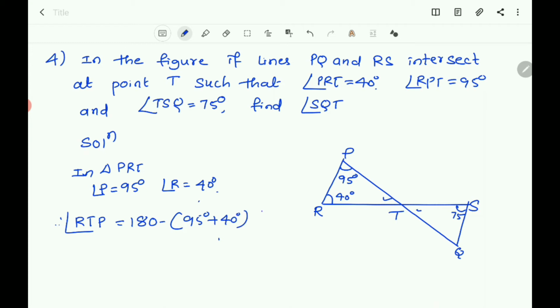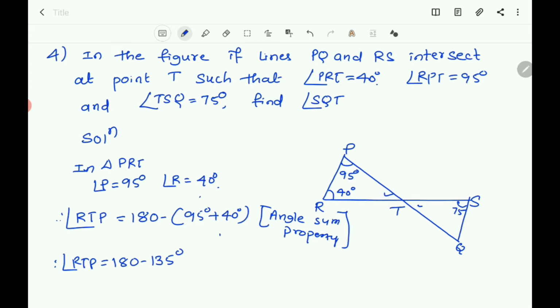The reason you can write here is the angle sum property of a triangle. Therefore, angle RTP is equal to 180 minus, you know that 95 plus 40 is 135.